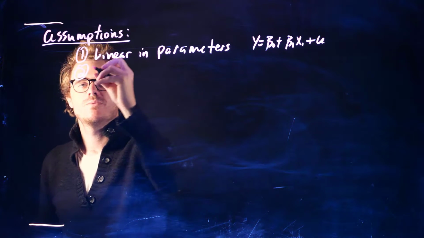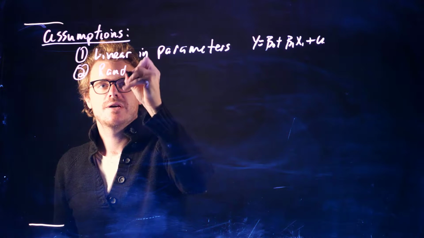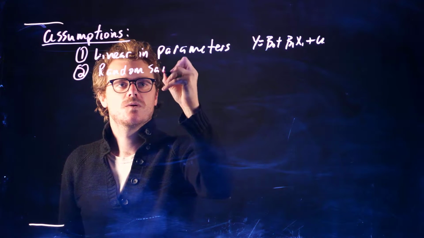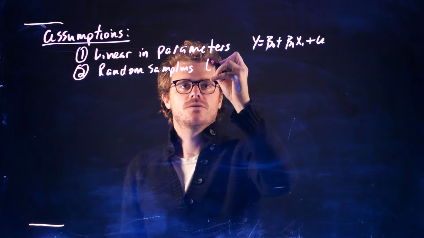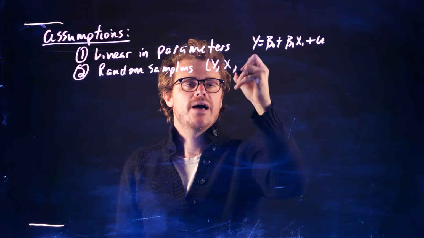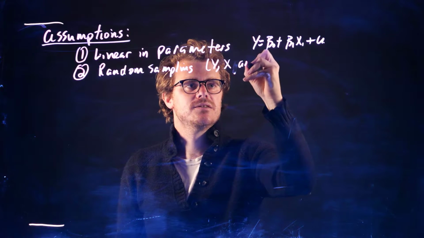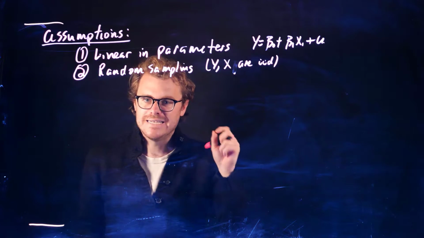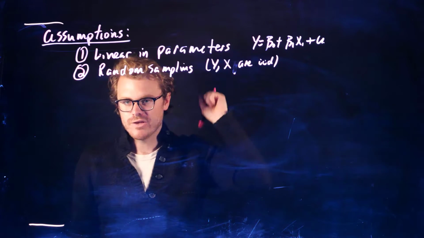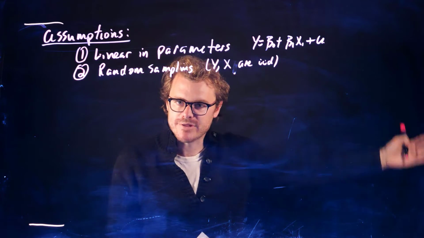The second assumption we're going to make is that we have random sampling. So X and Y are IID, independent and identically distributed, right? The value of one draw has nothing to say about the value of another one.